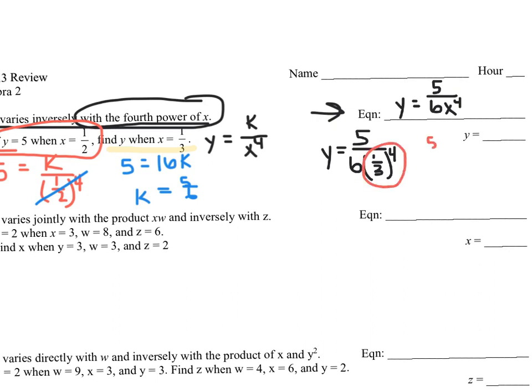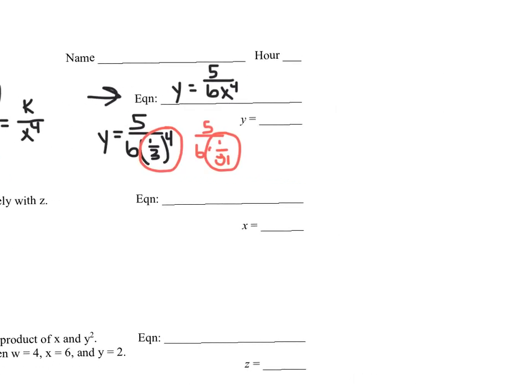So that's 5 over 16 times 1/81. If I divide by 1/81, it's actually the same thing as multiplying by 81. So this is going to be 5 times 81 over 16. So that is 67.5.